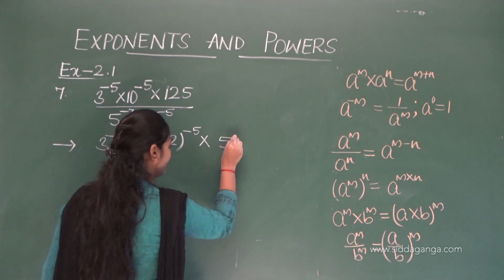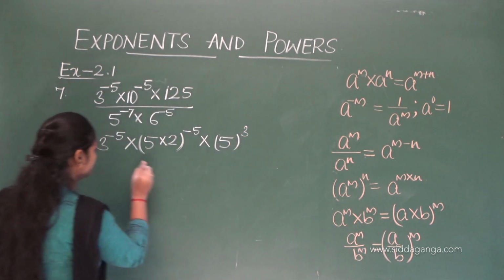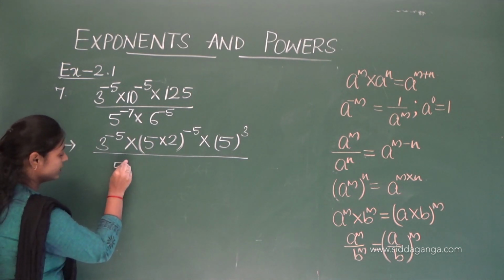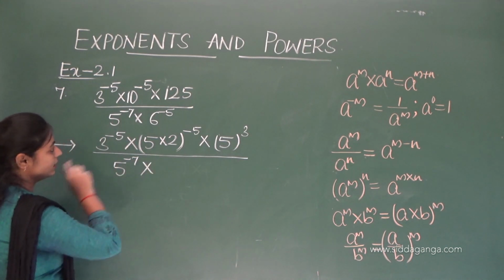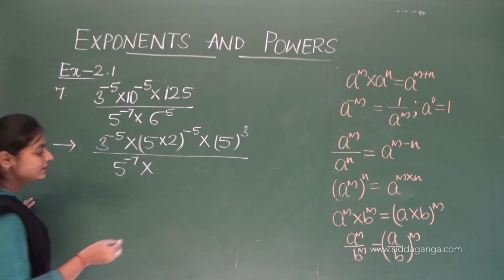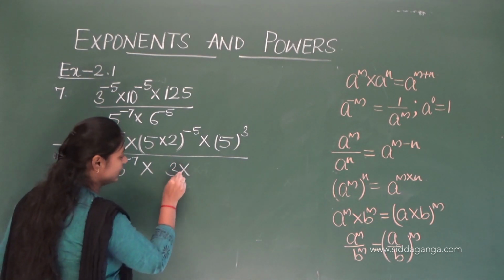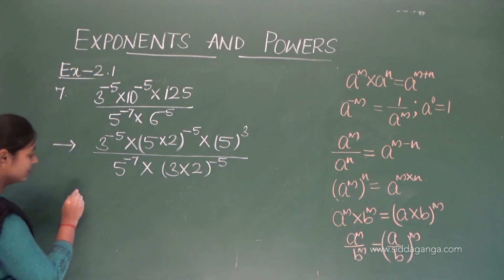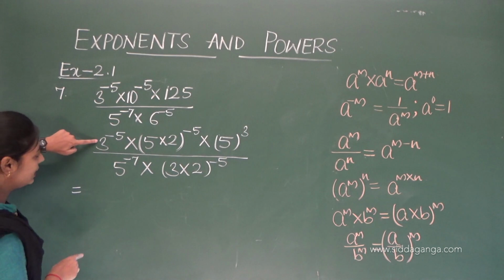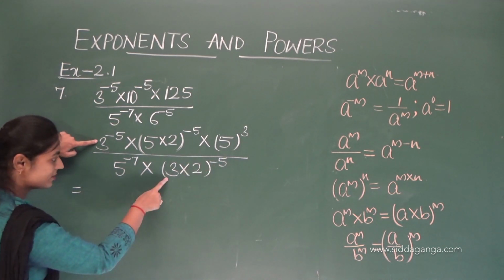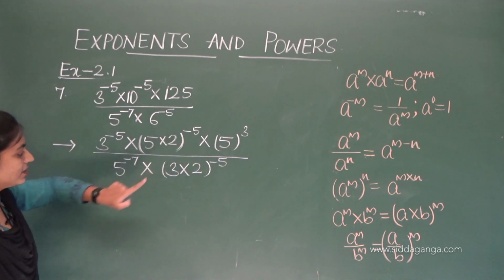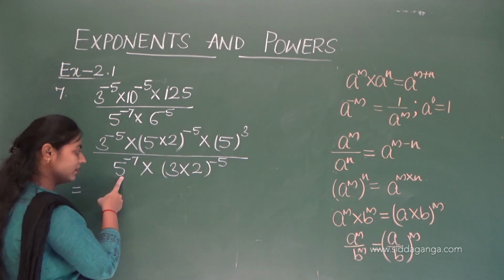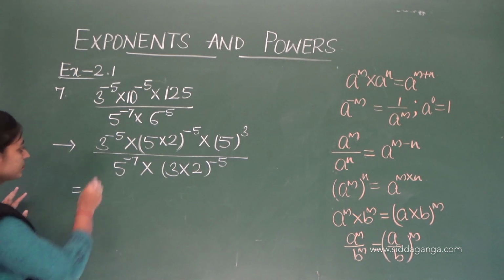So 125 can be written as 5 cube, whole divided by 5 raised to the power of minus 7 into 6 can be written as 3 into 2. 3 into 2 whole to the power of minus 5, that is equals to 3 power minus 5 and 2 power minus 5, and 5 power minus 5 and 5 power minus 7.